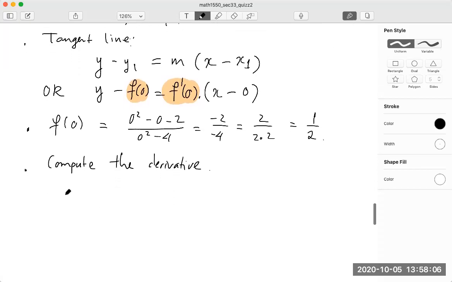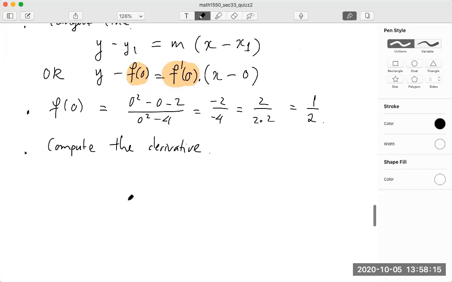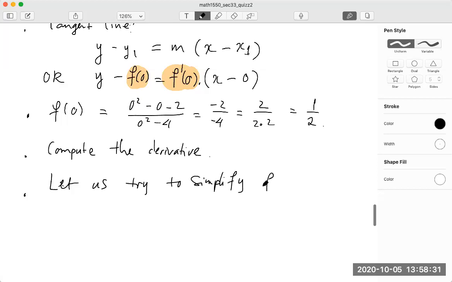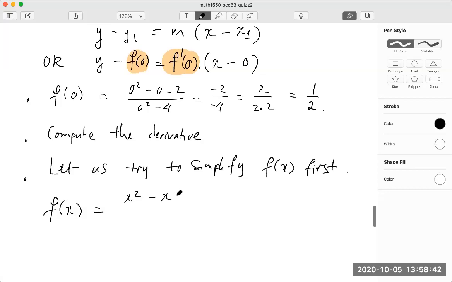Make it simpler. So before doing this, let us try if we can factor it and cancel it somehow. Simplify it first. Now we just rewrite it: x squared minus x minus 2 over x squared minus 4.